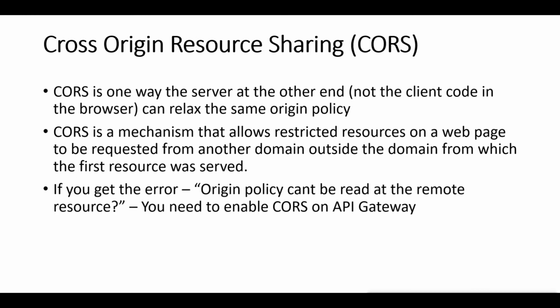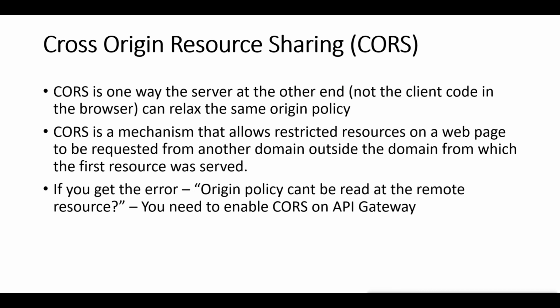And cross origin resource sharing policy is a way to allow AWS components to talk to each other. CORS is one way the server at the other end, not the client code in the browser, can relax the same origin policy.